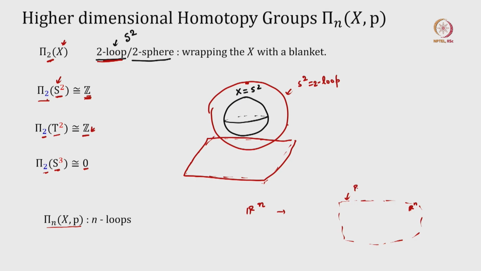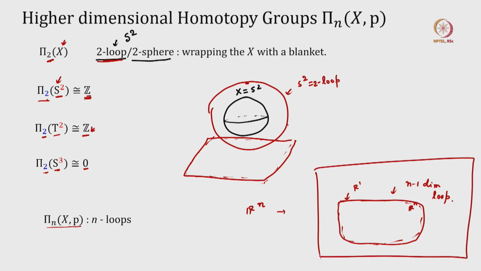Okay, R1, and you wrap it. You identify all points of the boundary, and that is how we get an n-1 dimensional loop. Okay. We will not go further into the details of this, but this is a side remark of how n-1 dimensional loops are generated.